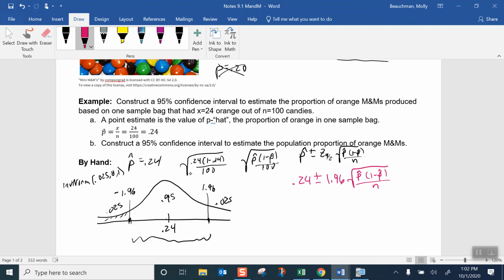So p-hat in my case is 0.24 and n is 100. So we substitute 0.24 for p-hat and 100 for n.